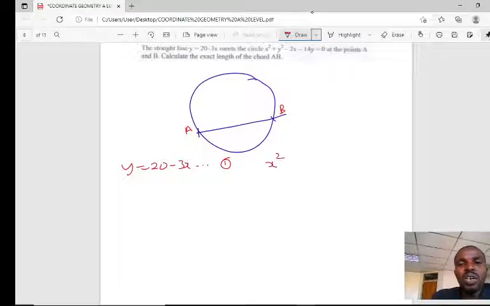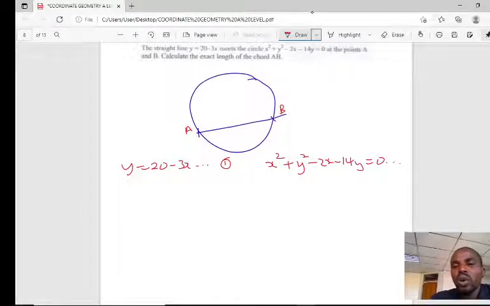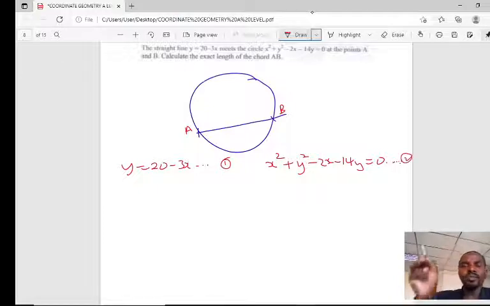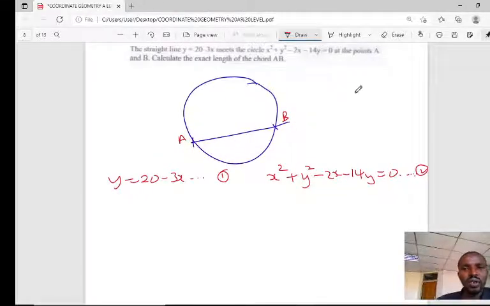Of a circle, x squared plus y squared minus 2x minus 14y is equal to 0. We call this equation 2. Then let's work out the two equations to find the coordinates of the points of intersection A and B.